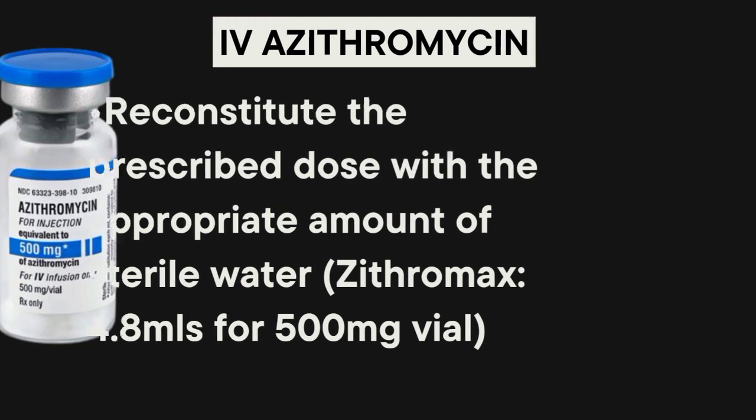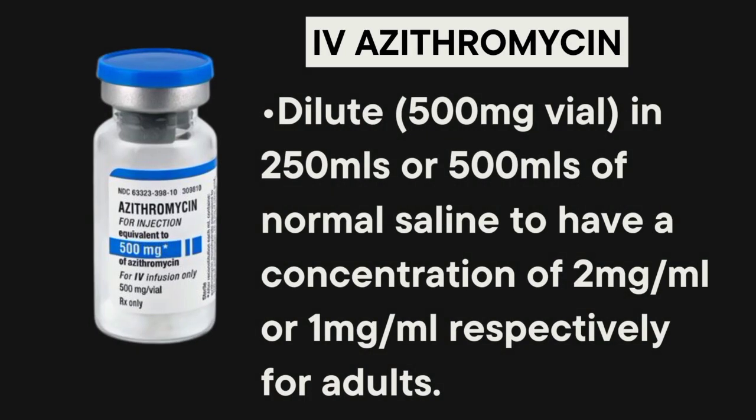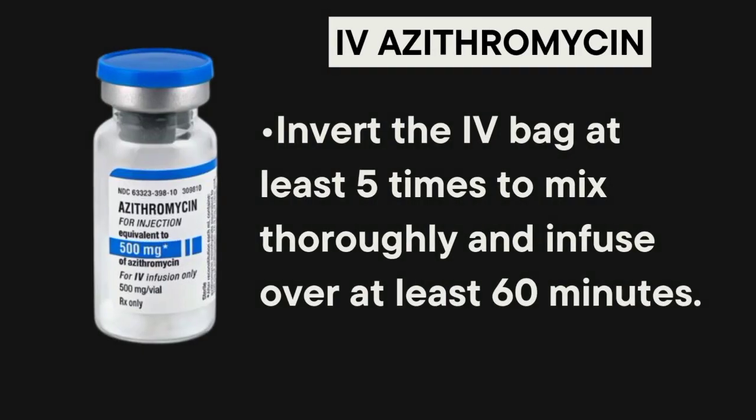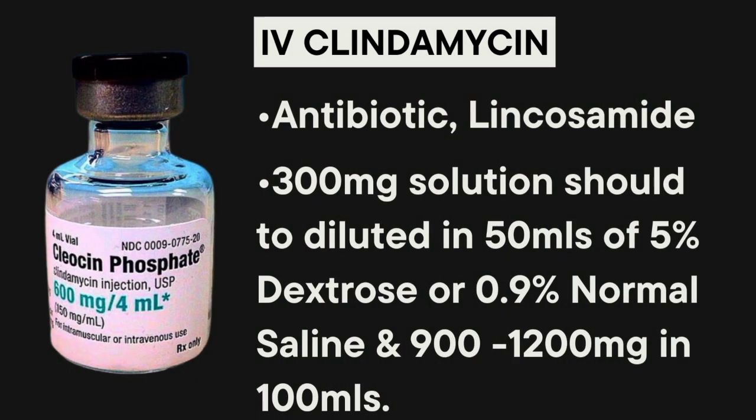After that, you dilute it in 250 ml or 500 ml of normal saline to have a concentration of 2 milligram per ml or 1 milligram per ml respectively for adults. You also ensure that you invert the bag at least 5 times to mix thoroughly and infuse over at least 60 minutes.